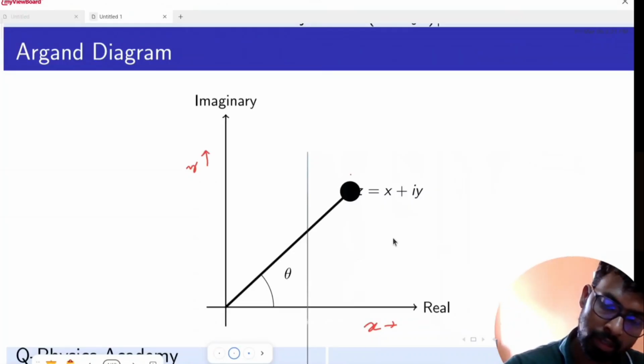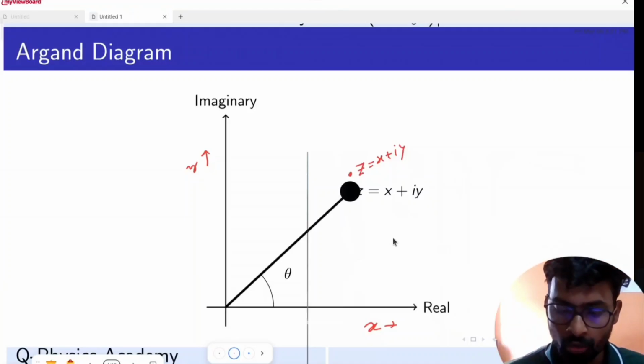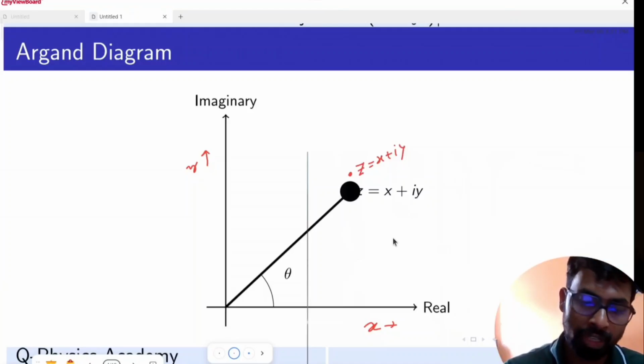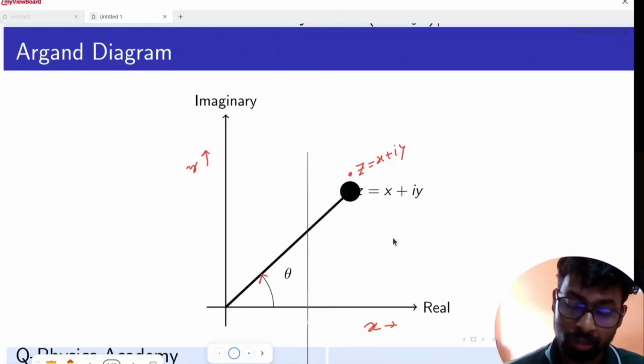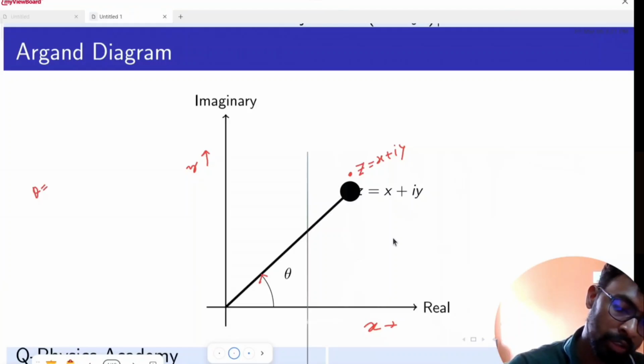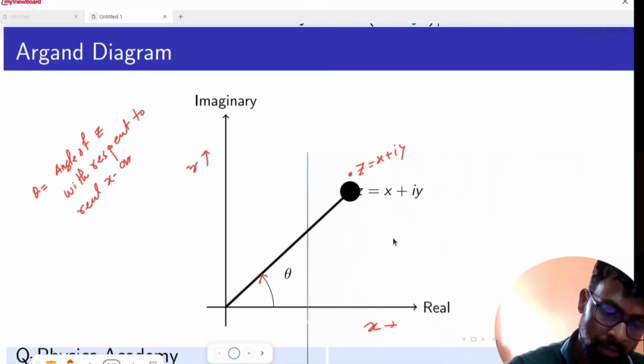And here this is the complex number z = x + iy, and this complex number z makes an angle with the real axis, and this angle is theta. Here, theta is nothing but the angle of z with respect to the real x axis.